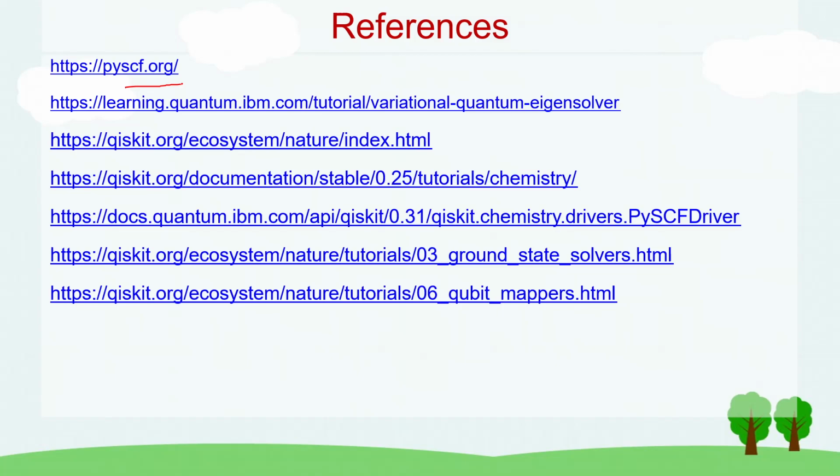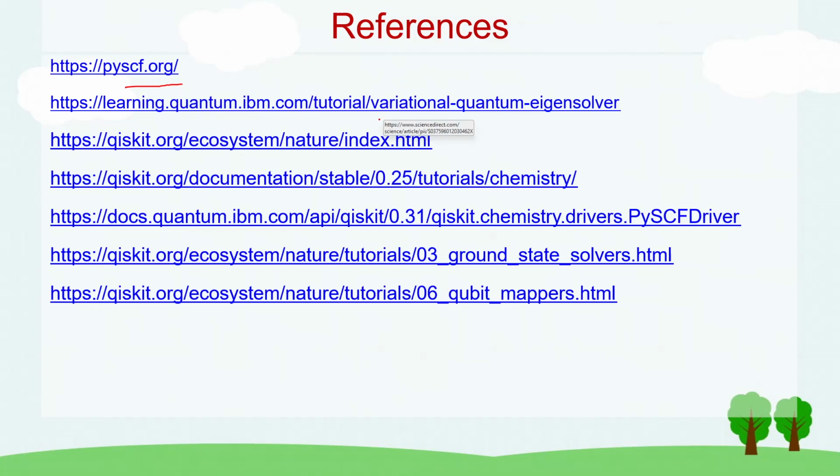I think not only Qiskit offers this capability of molecular simulation. I have seen it in Google Cirq and PennyLane package also. I'm not sure about Microsoft and Amazon's Braket. It might be possible.